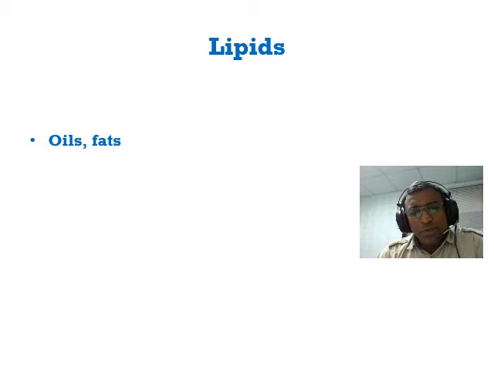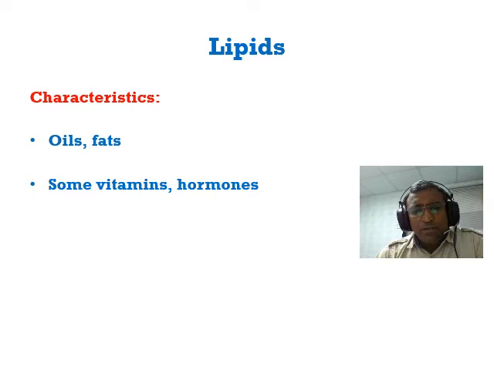Oil is in liquid form while fat is in semi-solid form. And you will realize that oil normally comes from vegetable or plant sources, while fat comes from animal sources. You also have some vitamins as well as steroidal hormones.